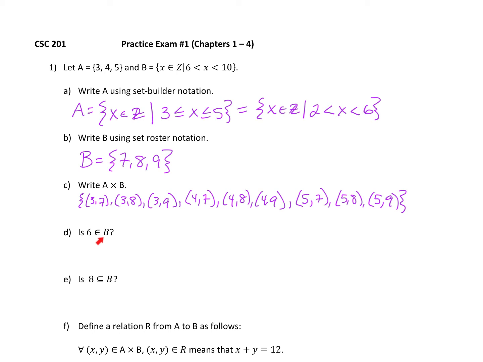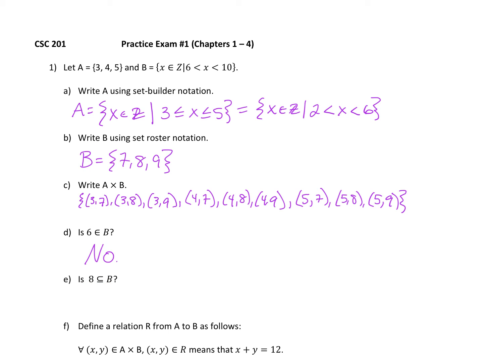Is 6 an element of B? So we go to the roster method for B. Is 6 an element? No, it's not listed. Is 8 contained in B? So this is just incorrect notation. 8 is an element of B, but this says, is 8 a subset of B?